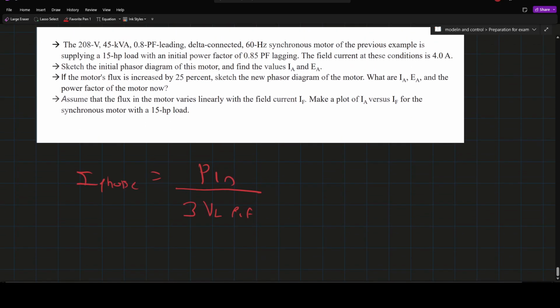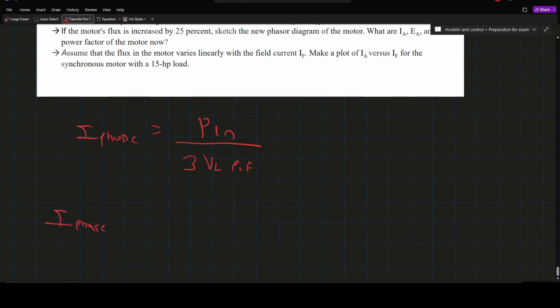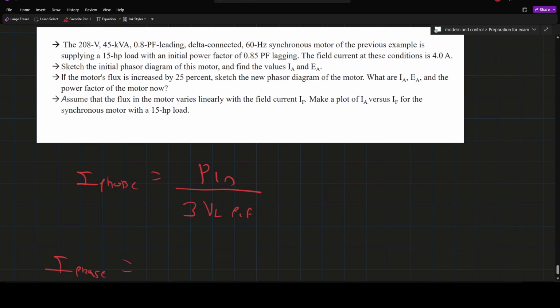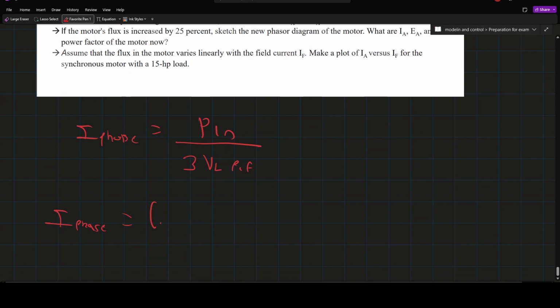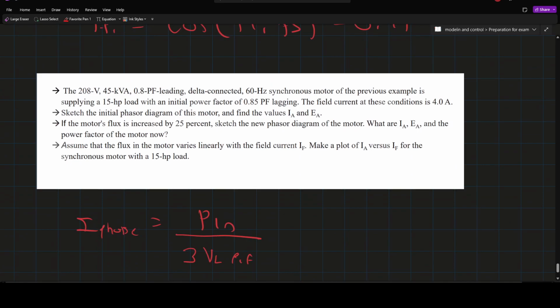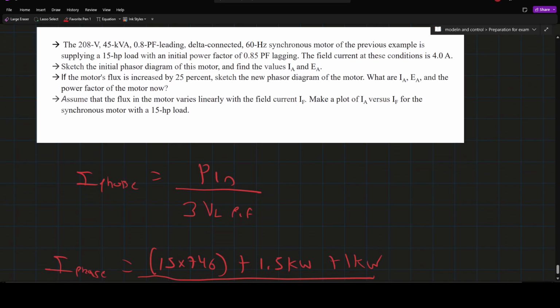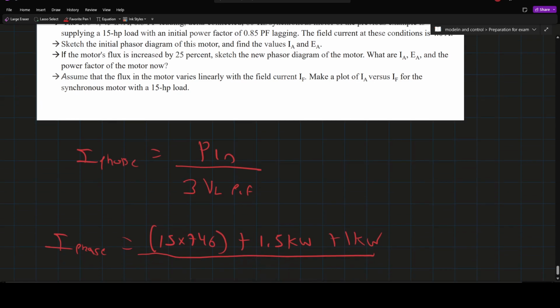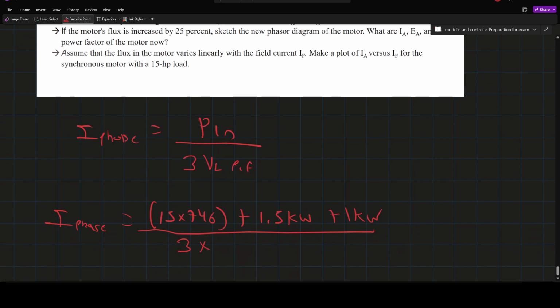So our current in the phase is going to be equal to our power in, that is this 15 horsepower and 46 plus 1.5 kilowatts plus 1 kilowatt, all of this over 3 times 200, just the same as our last example, with an angle of minus cos of the power factor.